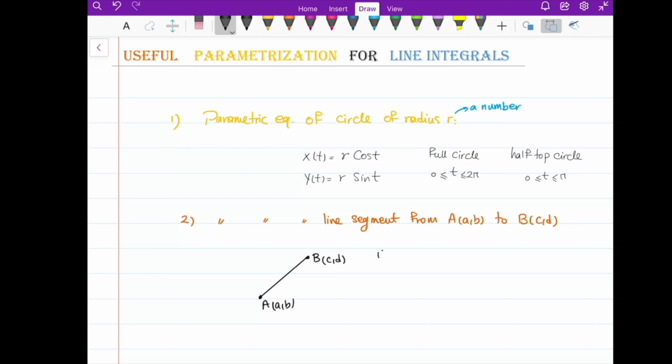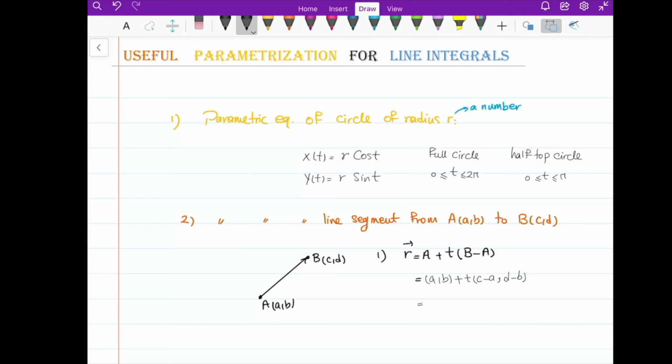The first one is to use vectors. I say that I have a vector from A to B, then the equation for this vector would be the first point plus the parameter t times the difference between the second point minus the first point, B minus A. So basically I have (a, b) plus t times the difference between the first coordinates and then the second coordinates.